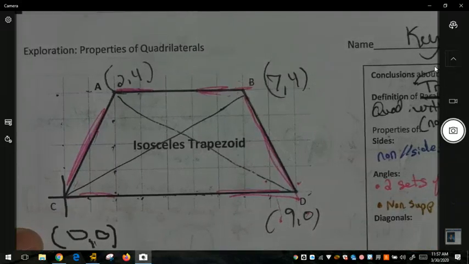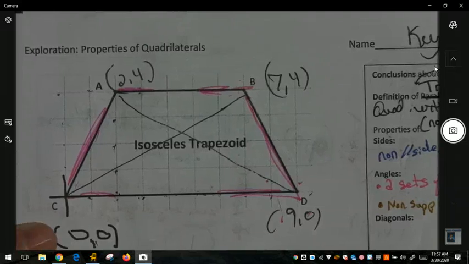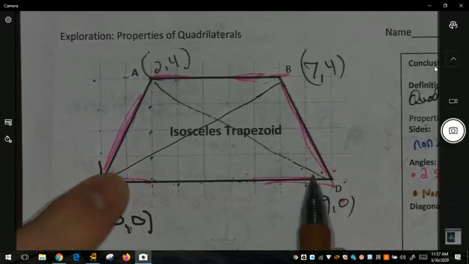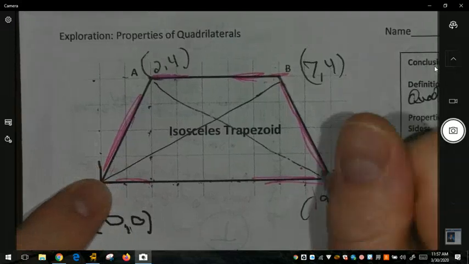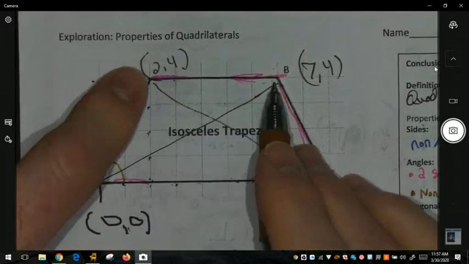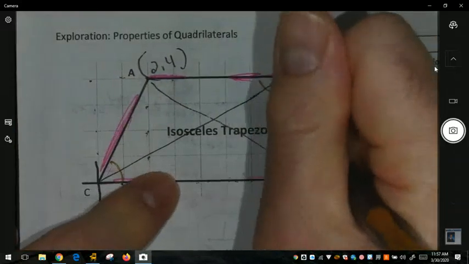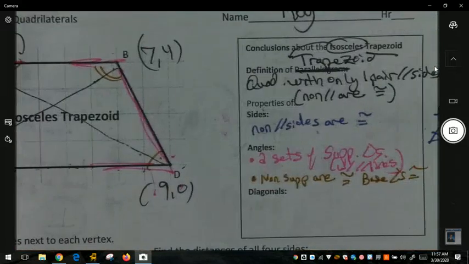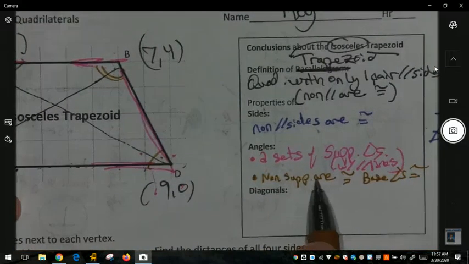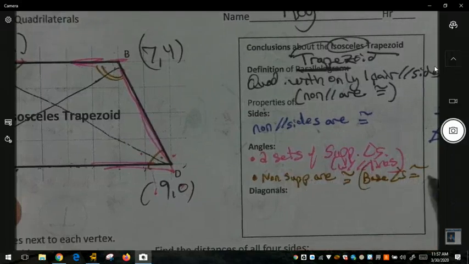It's called base angles congruent. So these base angles that sit on this base are the same measure. And then if you flipped it upside down and put it on this base, these angles would be congruent. So the non-supplementary angles are congruent. They're called the base angles.